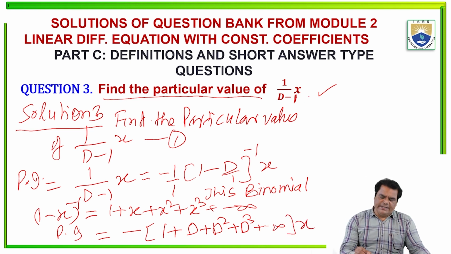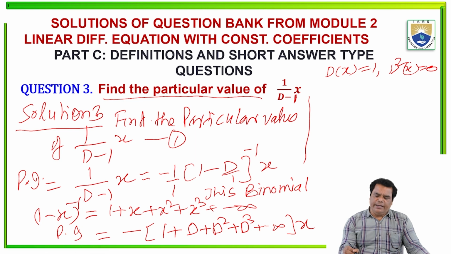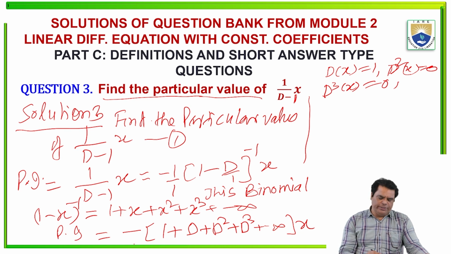Now multiply by x here. But we know D of x is 1. D square of x is 0, and D cube of x is 0. All other derivatives are 0. So here PI is equal to, multiplying by x, minus x plus Dx.